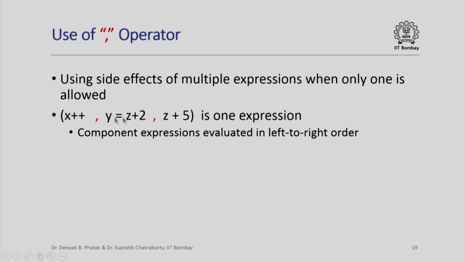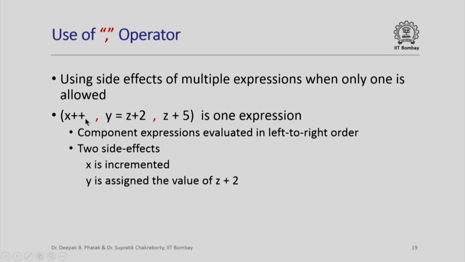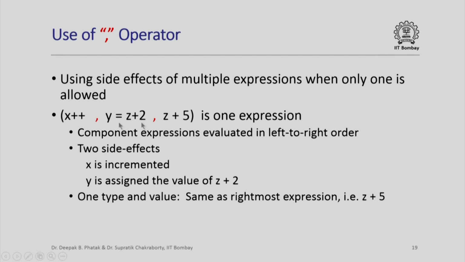So in this expression, for example, the different component expressions will be evaluated in left to right order. So there will be two side effects, x will be incremented, the value of y will be updated to that of z plus 2, and the value of this entire expression will be the same as the value of this rightmost expression, which is z plus 5, and similarly for its type.